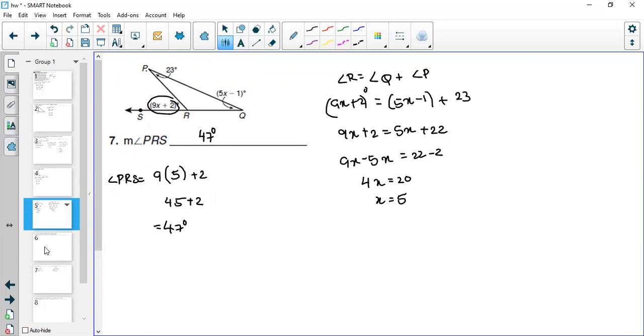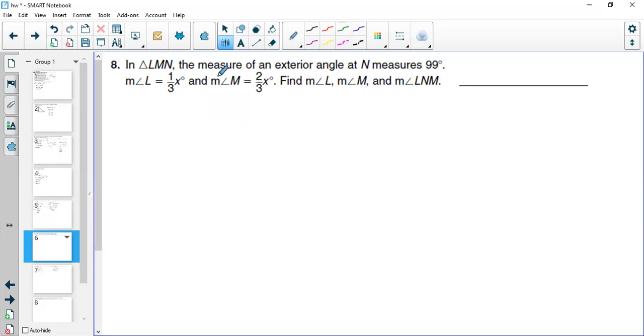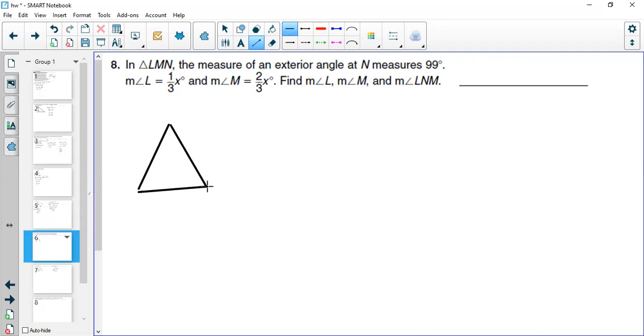Let's go to the next question. In triangle LMN, do not skip this. Draw the triangle, only then you will know what they are asking for. So in triangle LMN, let me name this as L, M and N. The exterior angle at N, so there's an exterior angle here at N. This is measuring how much? 99 degrees.